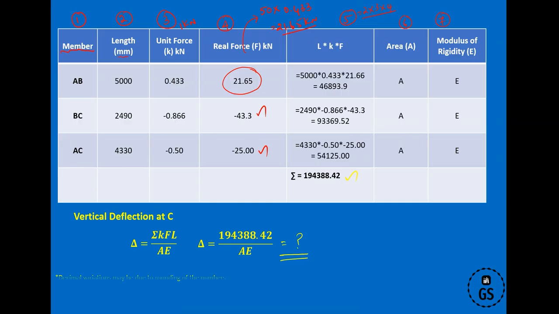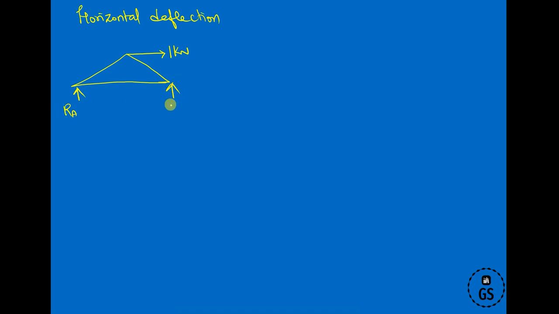It's very simple. In the same manner, in order to find the horizontal direction deflection, all you need to do is add 1 kilonewton in the horizontal direction, and this is going to be RA and this is going to be RB.